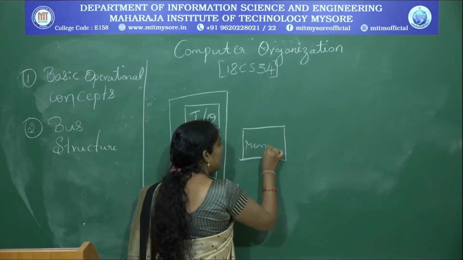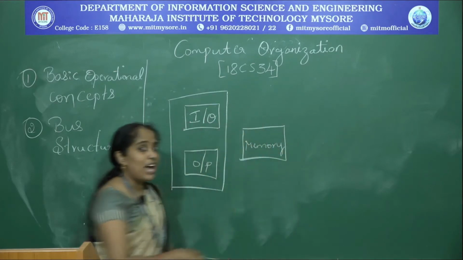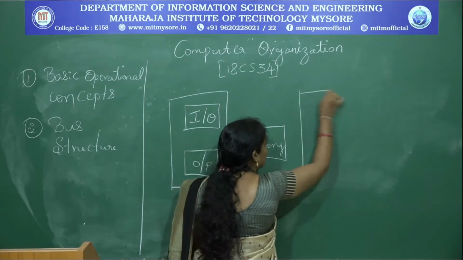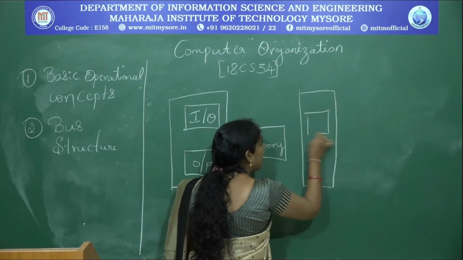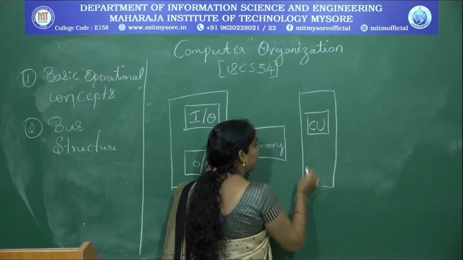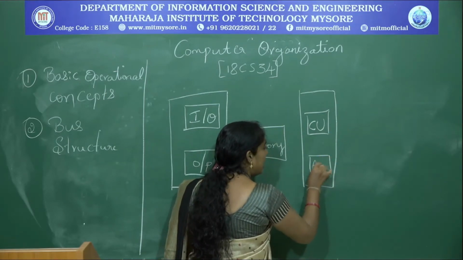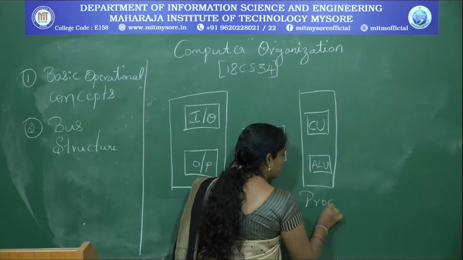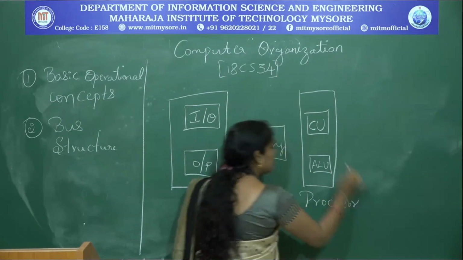After this, two more functional units are very important: one is the control unit, that is CU, and another one is the ALU. Combined, we call them the processor.